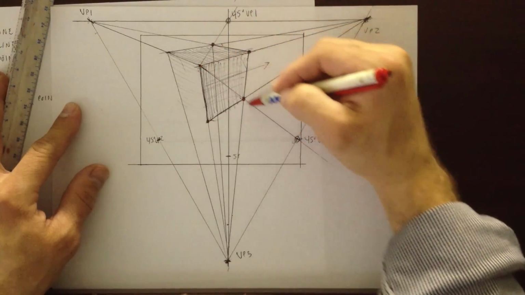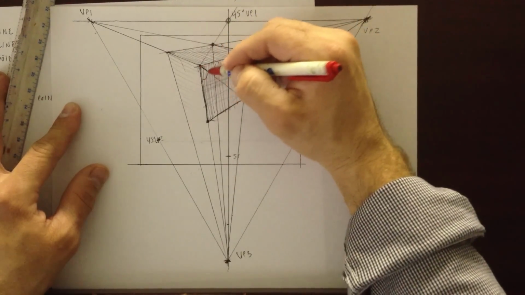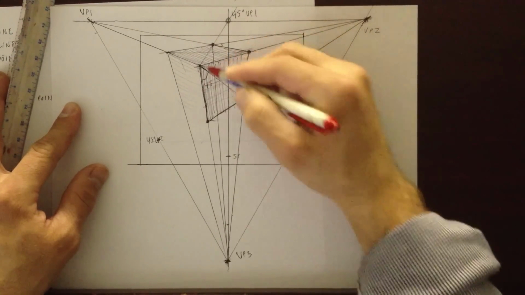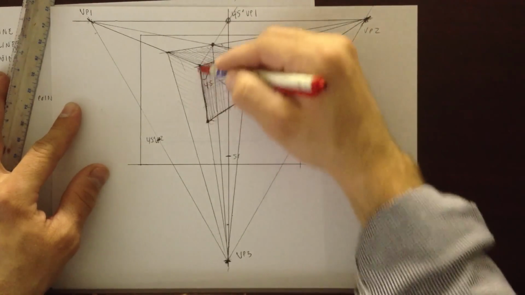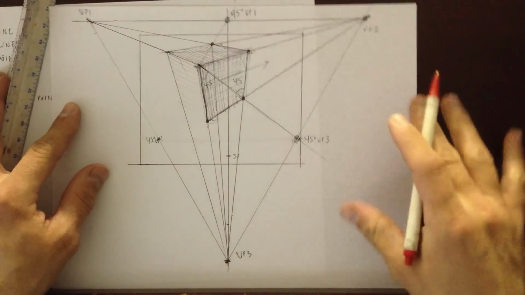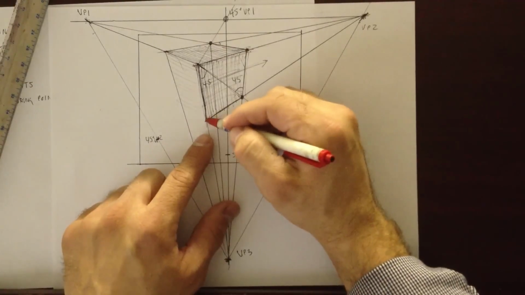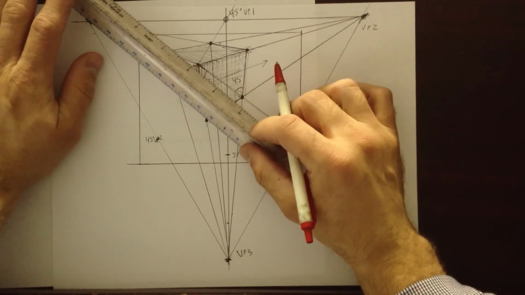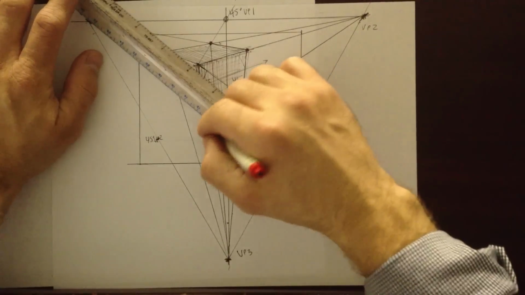Okay, and because we use a 45-degree cut right here, this is 45 degrees, that's 45 degrees. And that makes 2 right triangles, which makes a square that has the same height as its length this way. Okay, once you find this bottom corner, you can basically just run a line back to your vanishing point 1.